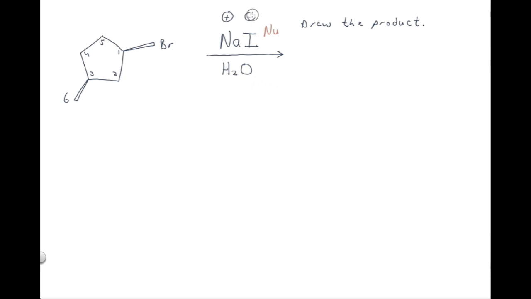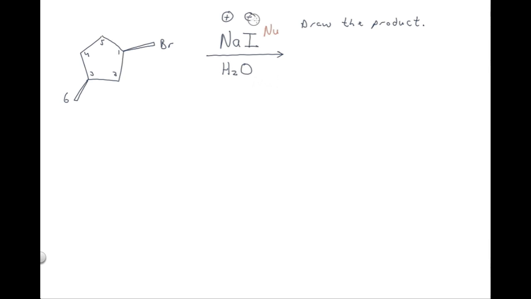How do we know that I- is a better nucleophile than water? Two ways. First of all, the I- has a negative charge, and the water is neutral. Things that have a negative charge are usually more reactive than things that are neutral. How do we know the water is neutral? Because the water is completely covalently bonded. And remember, when something's completely covalently bonded, we can generally assume that it has no formal charges unless they were already drawn for us.